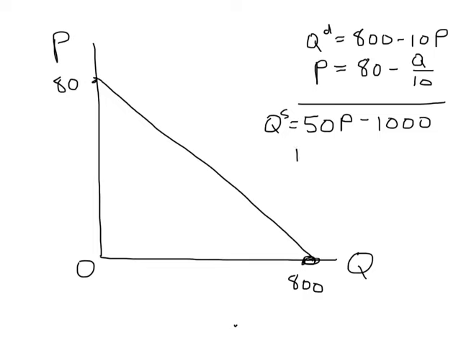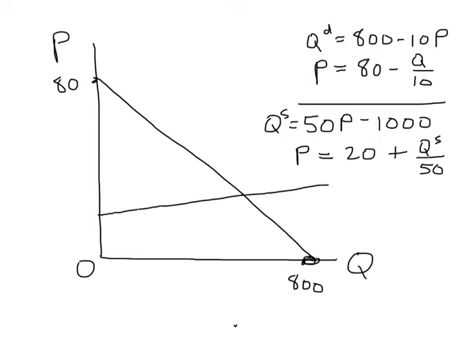Here, to get the inverse, P is equal to 1,000 divided by 50, which would be the same as 20, plus QS over 50. All right, so we've got a much flatter supply curve. Something like that. And then we just fill in numbers.